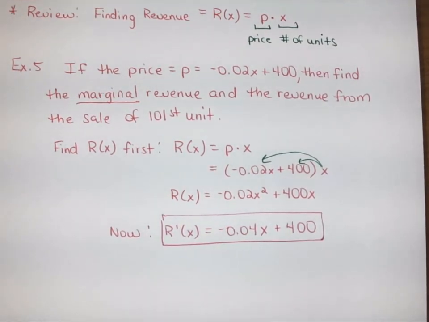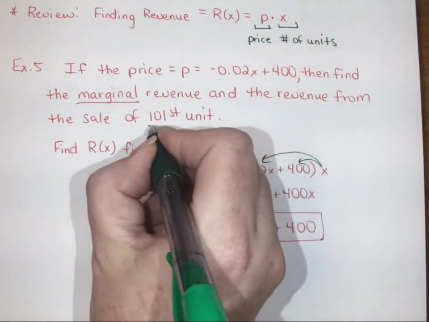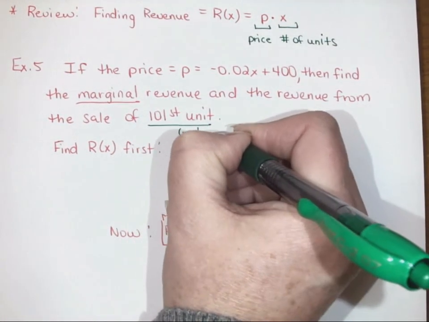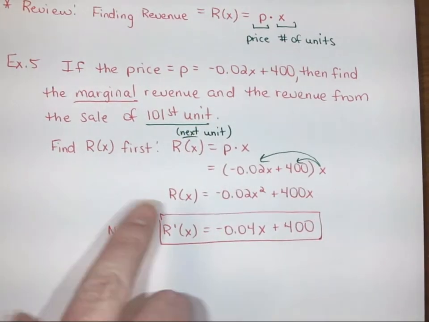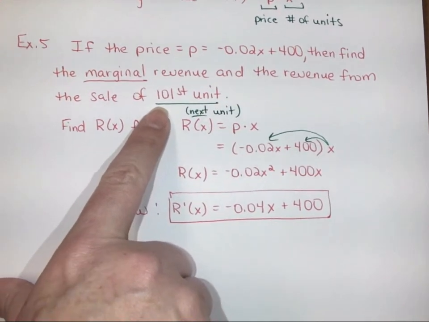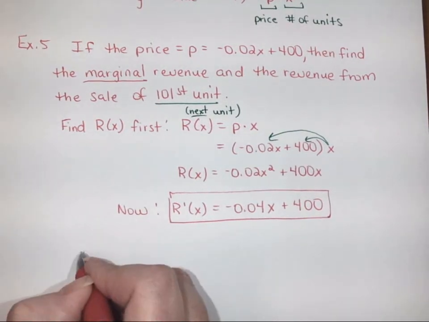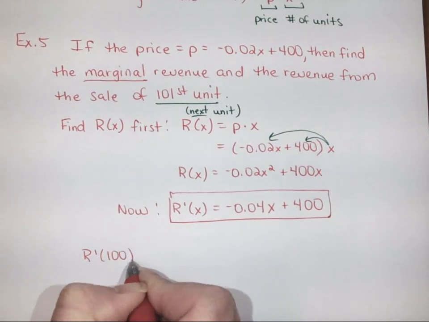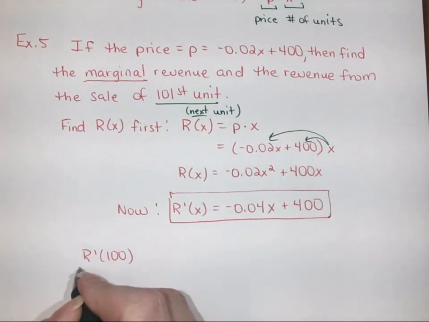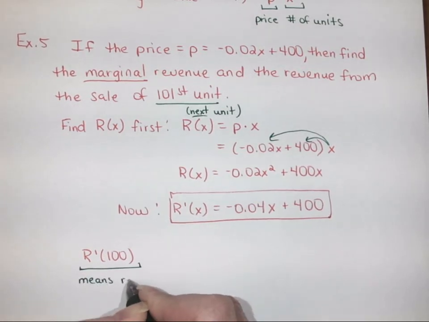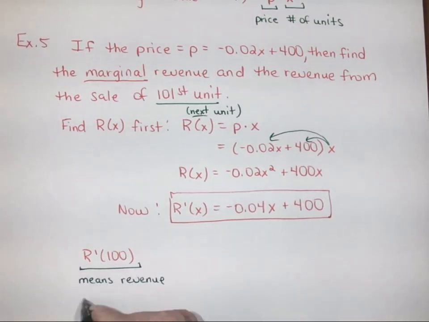And then the next thing is I need to pay attention to the fact that this means the next unit, right? So you have to ask yourself, like, if I want the 101st, how many items have already been assumed to have been produced up to this point? And the answer to that would be 100, right? So to find the 101st unit, I would actually do R prime of 100 because this means the revenue of the next item, which is exactly what I want, right?